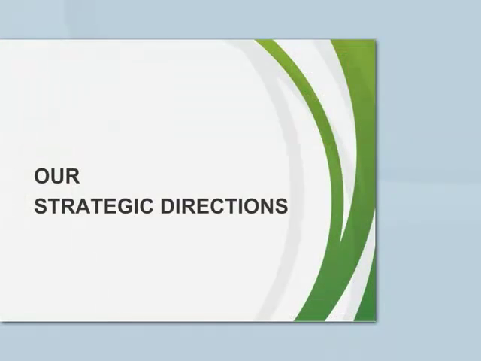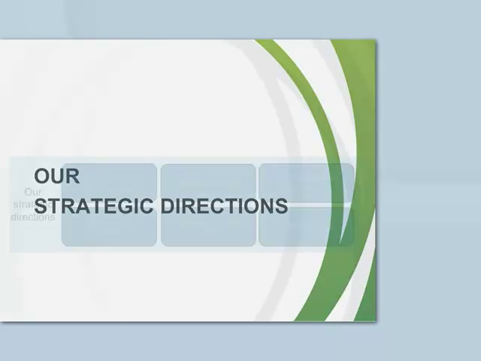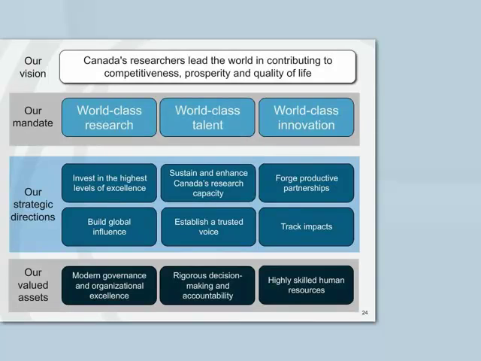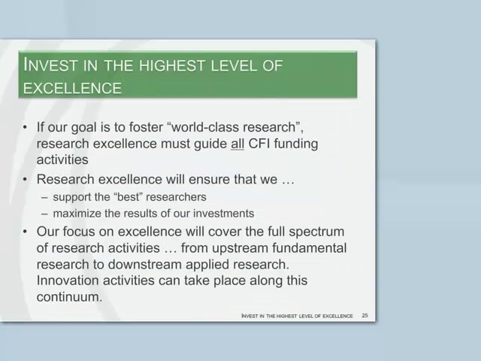So if we move now to our strategic directions, you will recall the 6 elements of our strategic directions that we've highlighted previously. We'll focus on each and every one of those one at a time. So the first one is investing in the highest level of excellence. If our goal is to foster world-class research, research excellence then must guide all CFI activities.